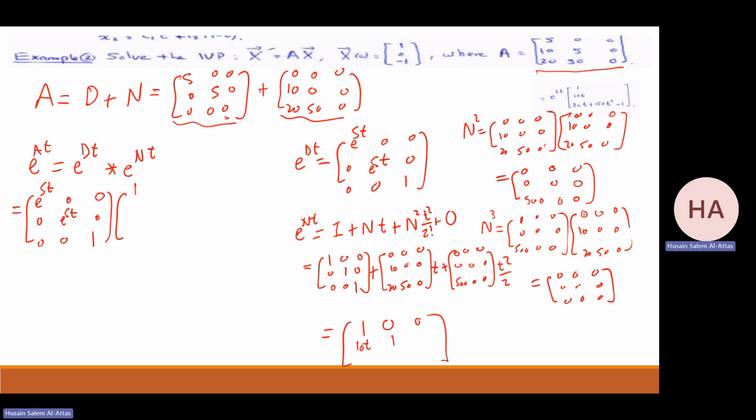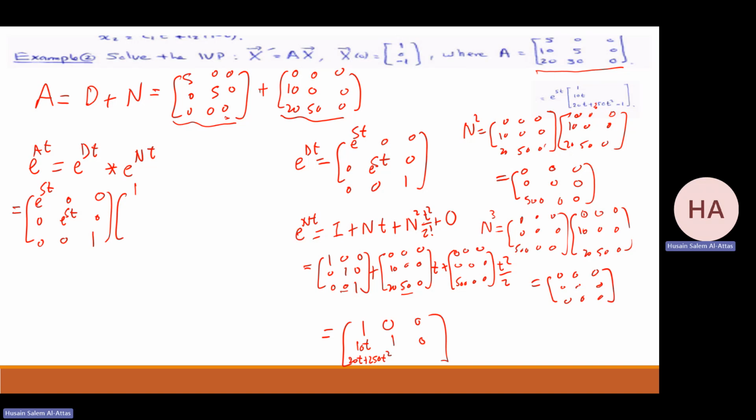Then I have 0, 0, 0, 0, 0, 20t plus 500 over 2, which is 250 t squared. Okay. I think this should be 250, not 100. Now, the next element, 0, 50t. That's it.